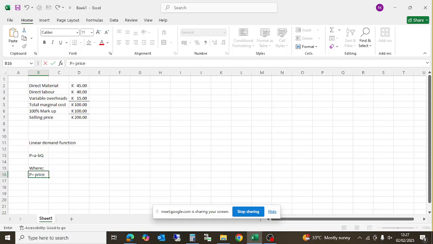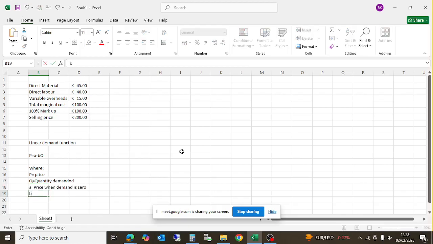And then we have Q, which represents the quantity, not just the quantity, but the quantity demanded. And then A represents the price when demand is zero.